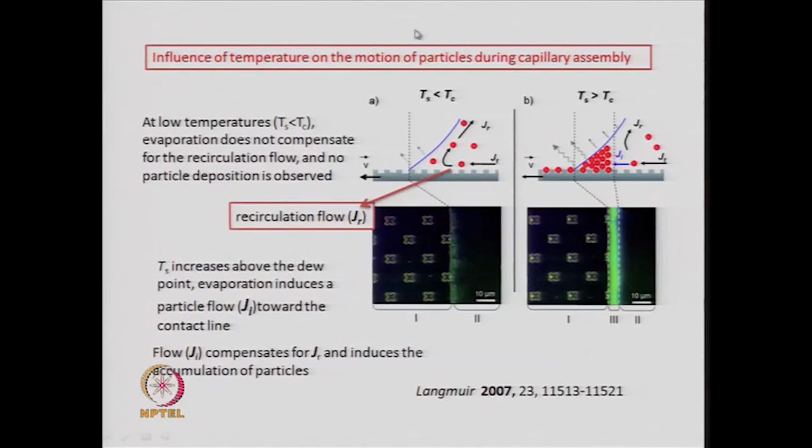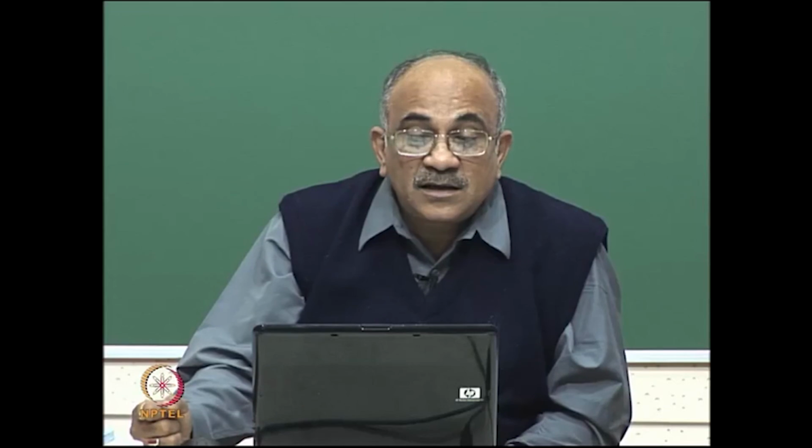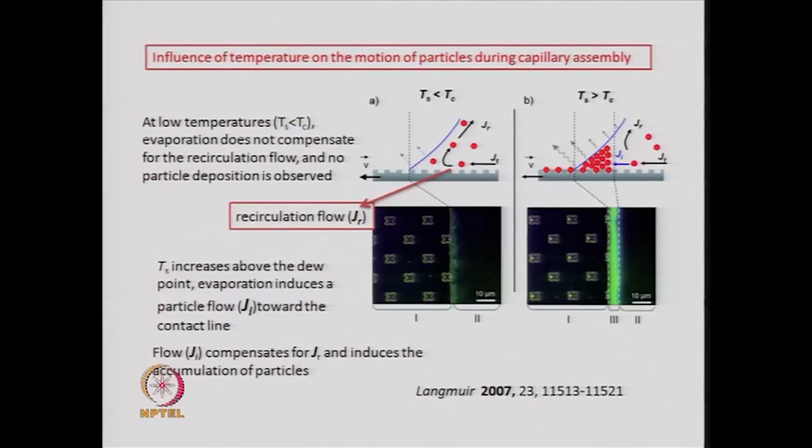Now, during capillary assembly there can be an influence of the temperature, and this is shown here. You have a substrate which has a particular geometry, it is not planar, and hence it can help in capillary assembly.